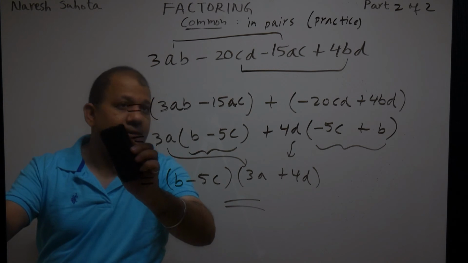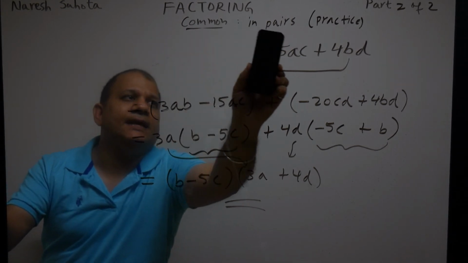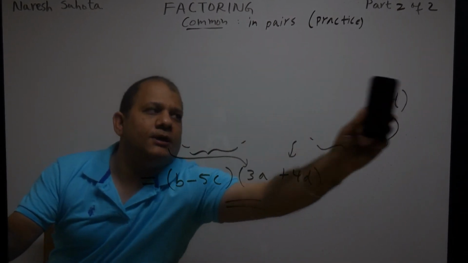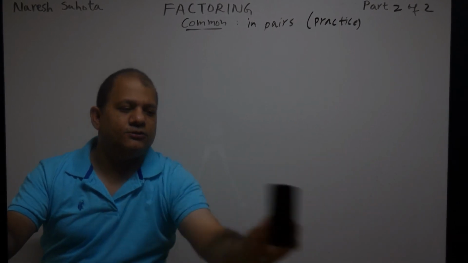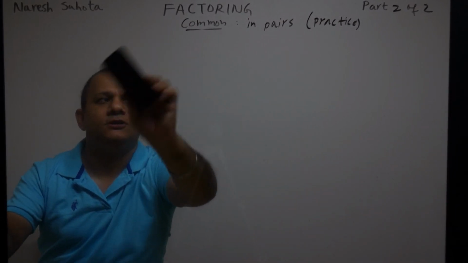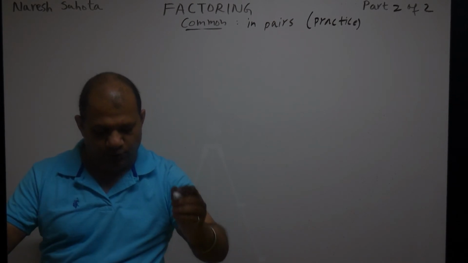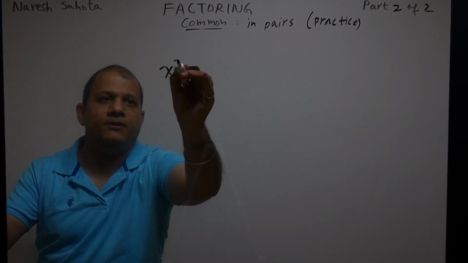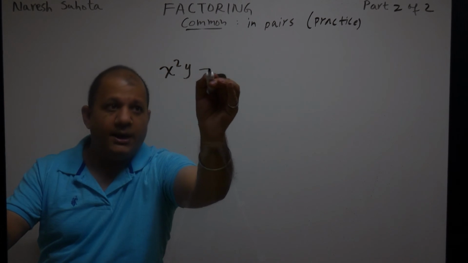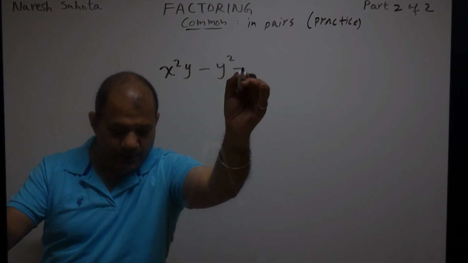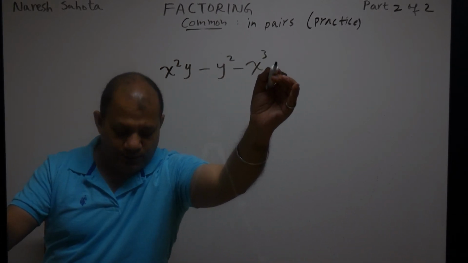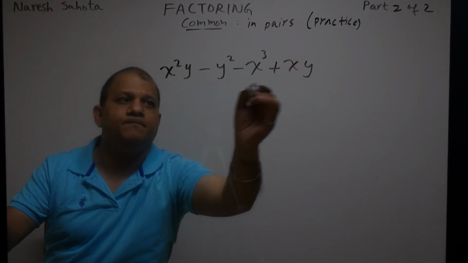So that's that there, and I'll do one last example, and then I'm going to wrap the tutorial. So maybe I won't do as much talking. I'll just go through this one very quickly. So we're given x squared y minus y squared minus x cubed plus xy.